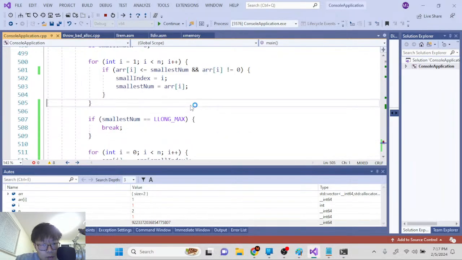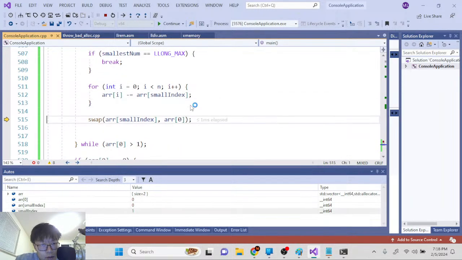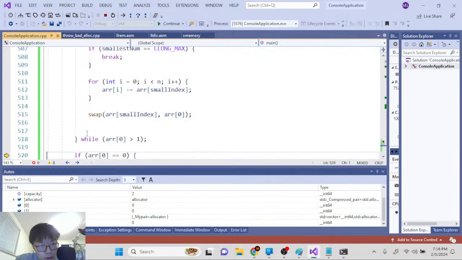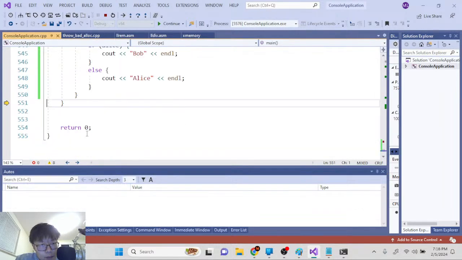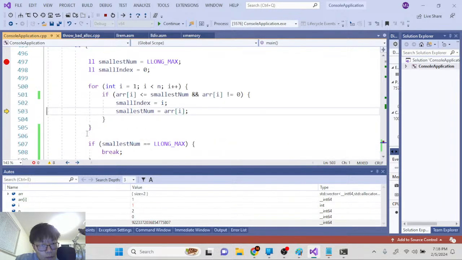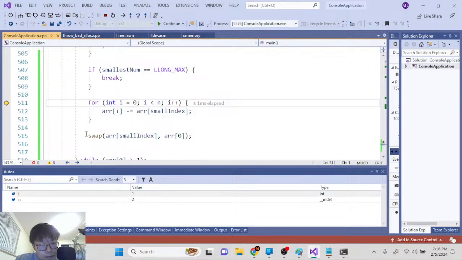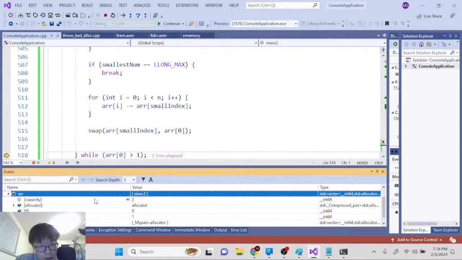Okay, so we subtract 1. Okay, so what exactly is the problem here? So we swap it. We get 0, 2, 0, 0. Bob's turn. This is right. So now what do we have here? We have 0, 1.